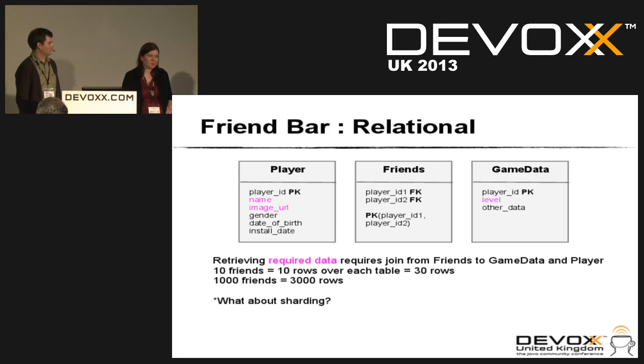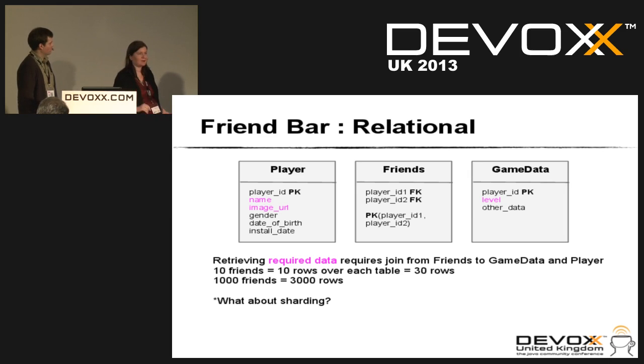But I've worked on a social game where just on a single shard, one player had over 1,500 friends. Which brings up another issue. If you're using large amounts of data, large data sets, you're going to have to shard that data in a relational database. And then you lose out on all your joins and the cool things about relational databases anyhow. And that'll just add to your performance problems.